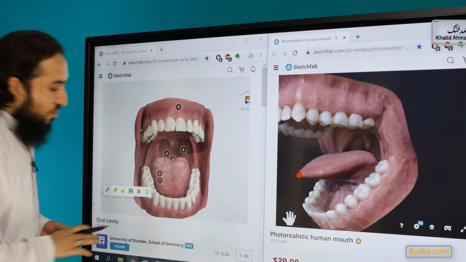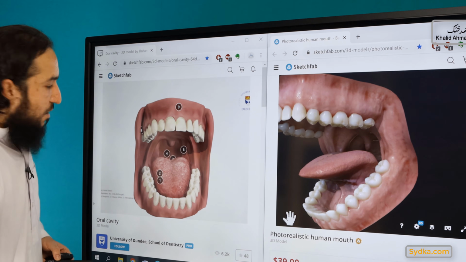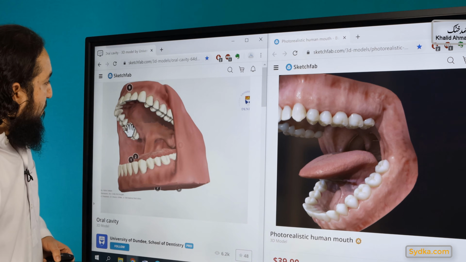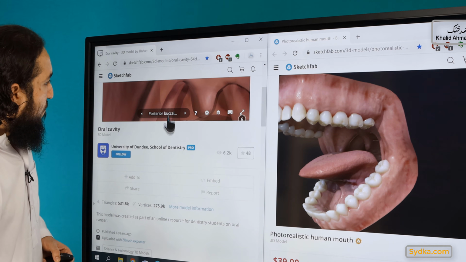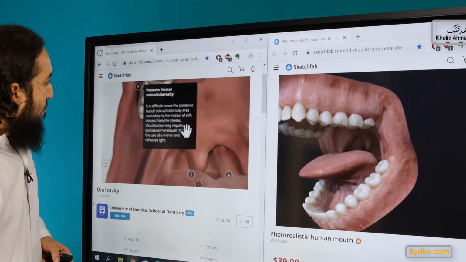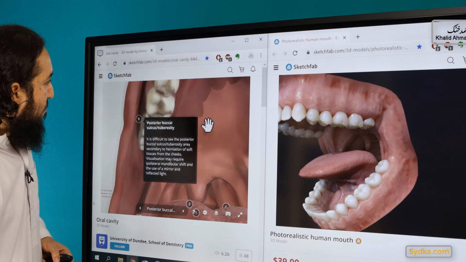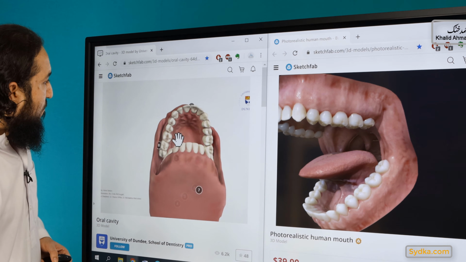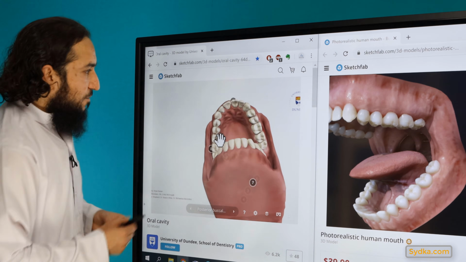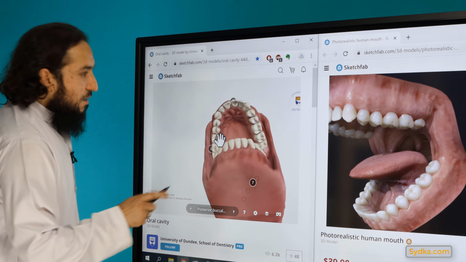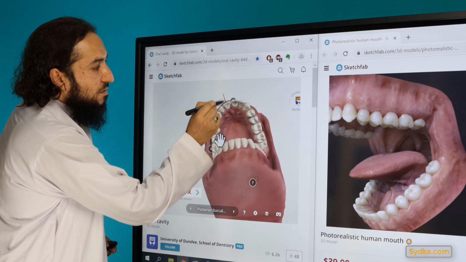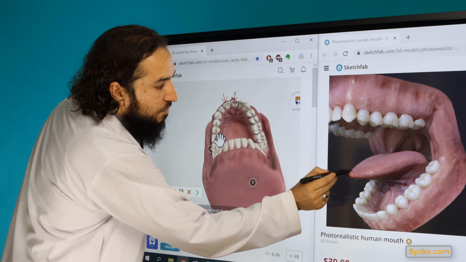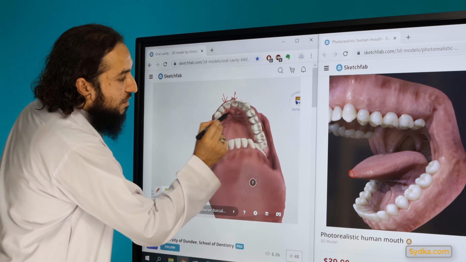This part will touch here. These are the top incisors, these two, and the top side of the tip of the tongue will touch this area.